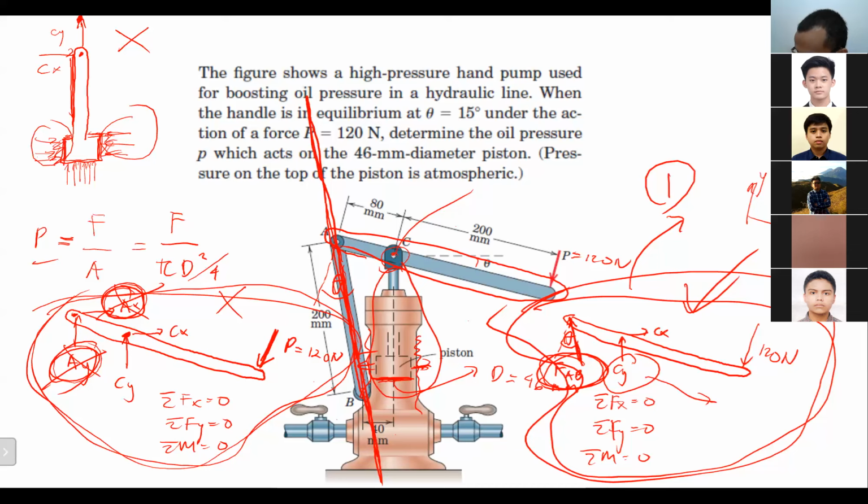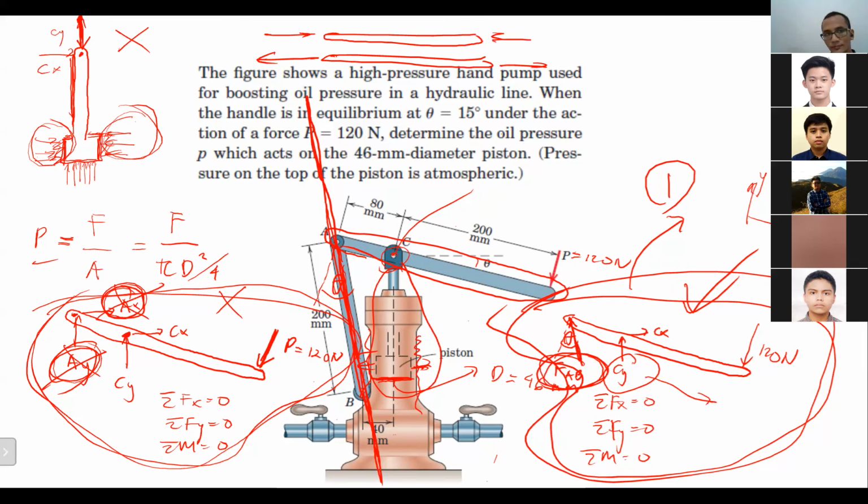CY is supposed to be going this way, because I don't know whether these forces are exactly the same or not. For sure, we cannot assume this as a two force member, because the meaning of a two force member is just a member which is either under compression or under tension. Do you get it, Matthew?